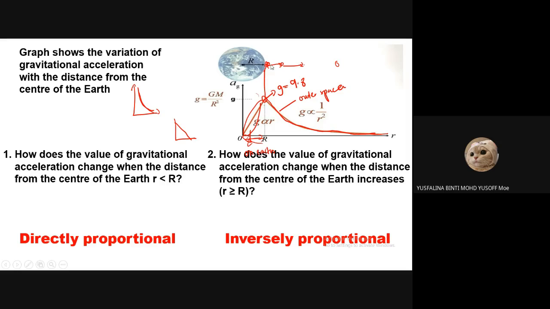Then when it starts leaving the Earth, the radius increases, and you can see the gravitational acceleration also decreases. So this is inversely proportional. Are you clear? Anything you want to ask?